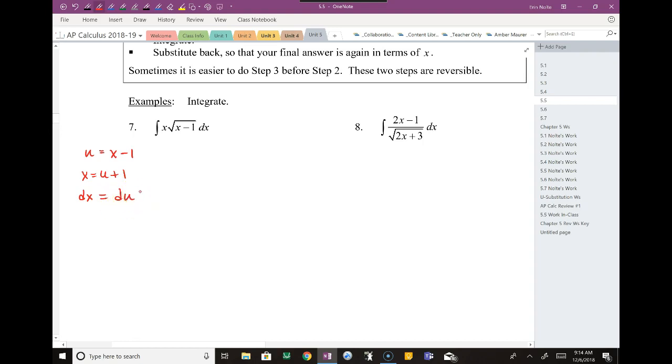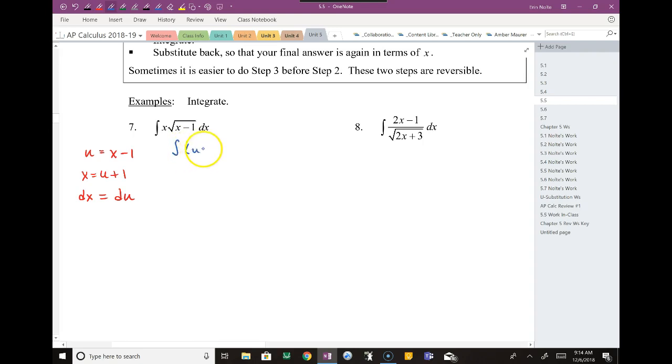That's an important piece because now in the equation we're going to replace everything in terms of u. This is the part that becomes the substitution. I have an integral of x. I'm going to replace the x. What is x equal to?